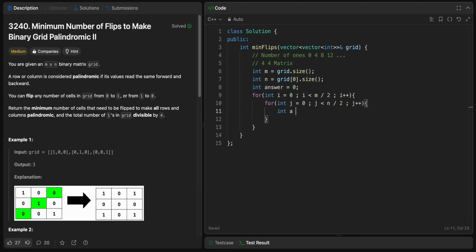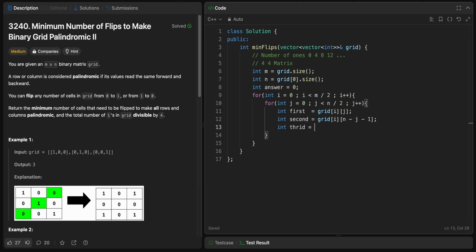In this case, my first element, A, would be grid of i, j, first row, first element. And the second would be grid of ith row followed by n minus j minus 1th element, right?